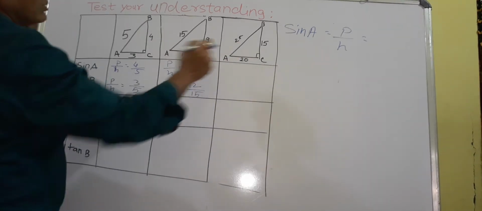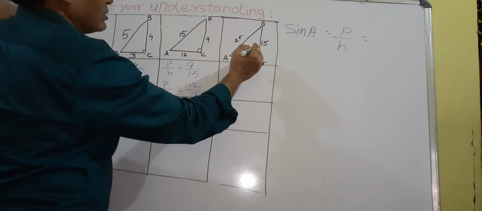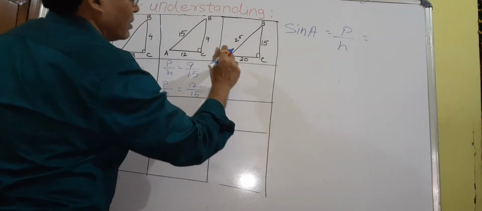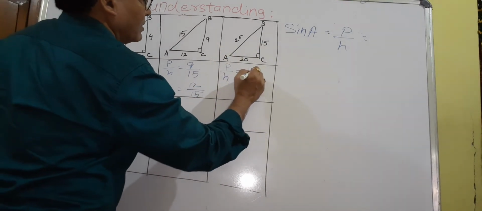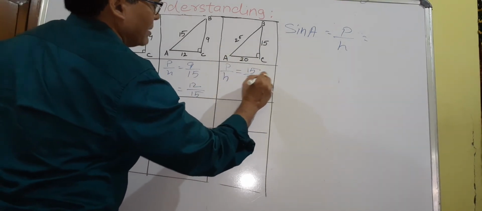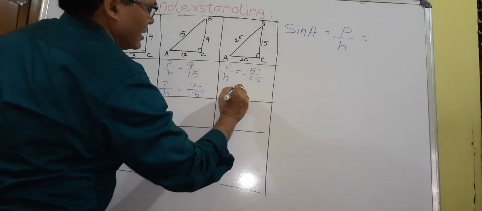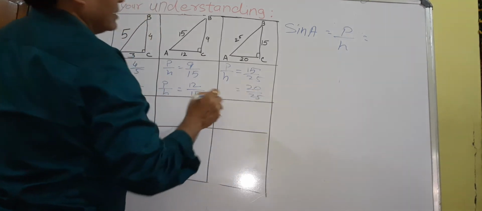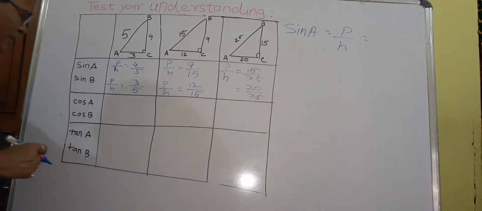Similarly, in the third column, sine A is equal to P by H, and for this angle P is 15, so 15 by 25. And sine B is equal to 20 by 25, because for angle B, 20 is the perpendicular.